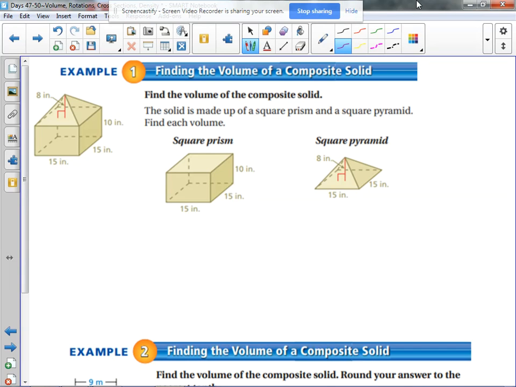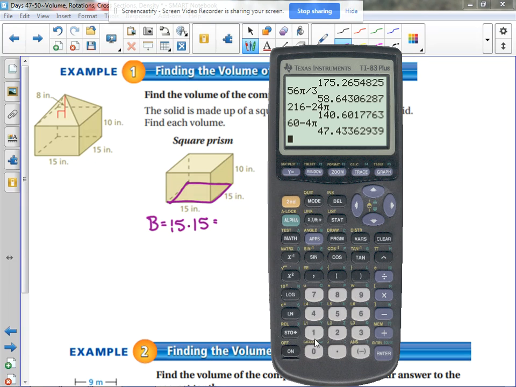So if we've got to find the volume of the whole thing, we break it into the pieces that we can find the volume of, and then put those volumes together. So the volume of the square prism, remember yesterday what we did was we started by finding the area of the base. The base here is that square, 15 times 15. I believe that that's 225, but I don't want to take a chance.